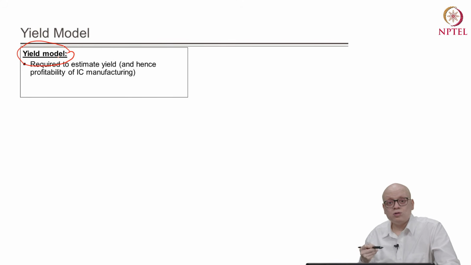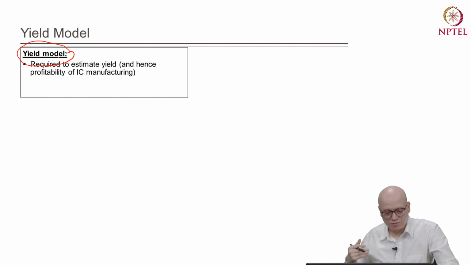Because if yield is low, fewer dies can be fabricated for a given wafer area, and therefore the effective cost of the chip will go high and the profitability will go down. And therefore, before starting a venture, we need to have some estimate of what the yield of that chip will be.